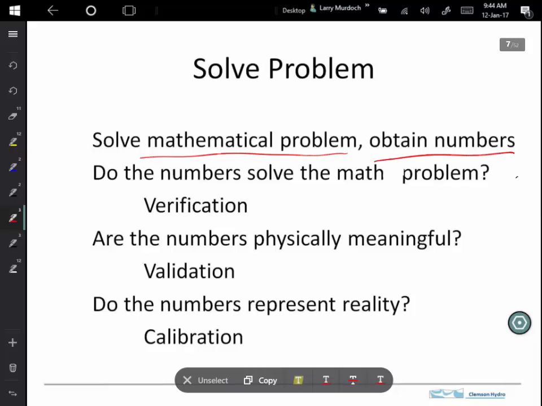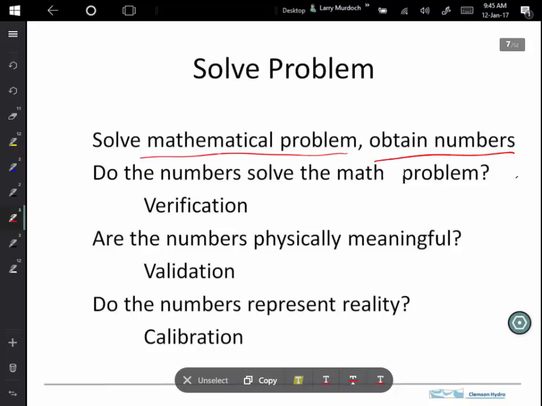So there'll be several things that we'll do with this. One of the questions we might ask in the beginning is, do the numbers solve the math problem? We'll use a numerical technique to solve these equations, and the numbers that we get, it doesn't necessarily mean that it's right.